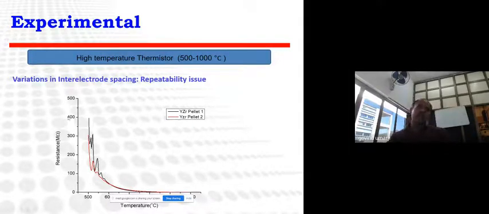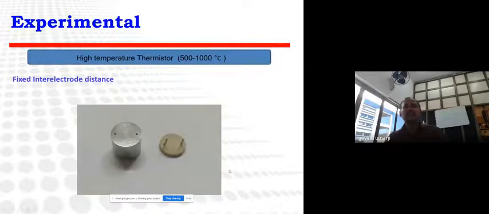The resistance starts from 400 mega ohm at 500 degrees Celsius and reduces to some kilo ohms at 1000 degrees Celsius. So that idea worked. We fabricated our pelletizer in such a way that we can embed the platinum electrode inside during the pelletizing process.